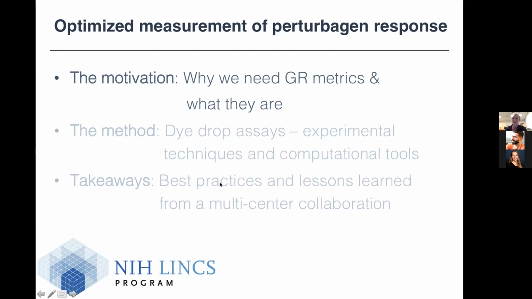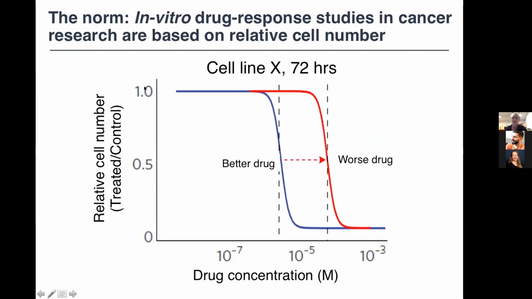Jumping right into the motivation, typically when people measure dose responses in cancer research, they look at the relative cell number. This is usually the number of cells you have at the end of an experiment, relative to an untreated control, to generate dose response curves that look something like this. You can take one cell line and treat it with a number of different drugs.